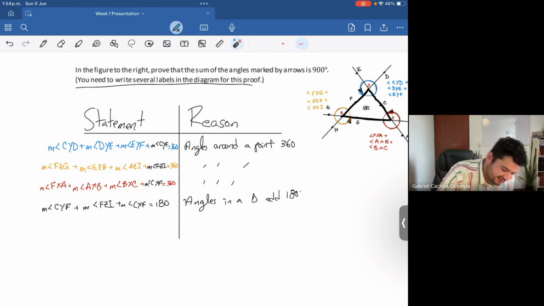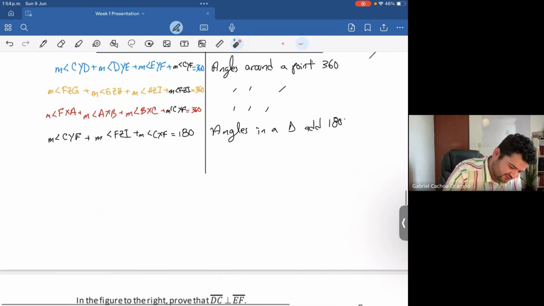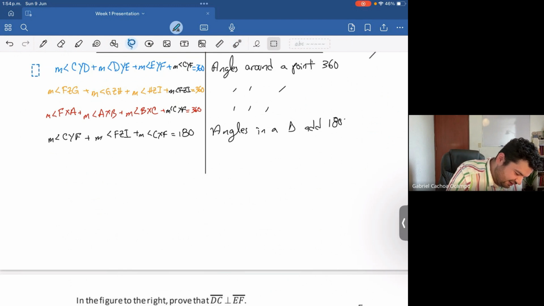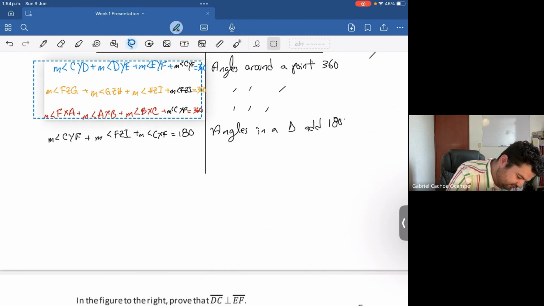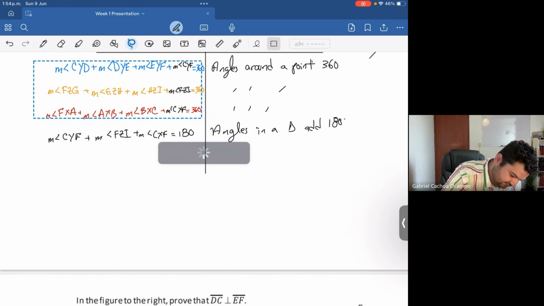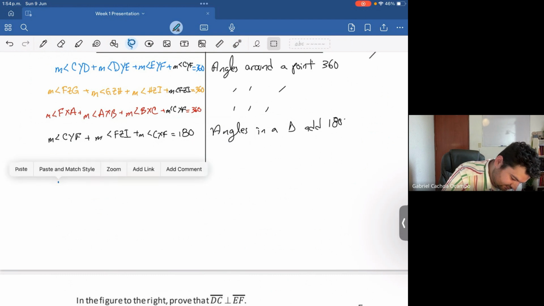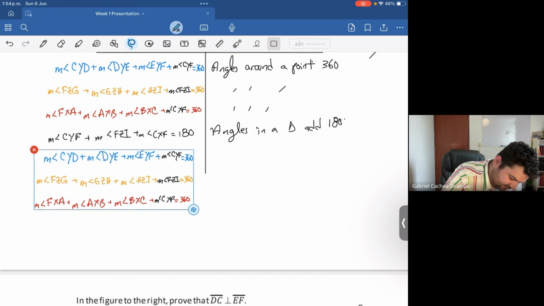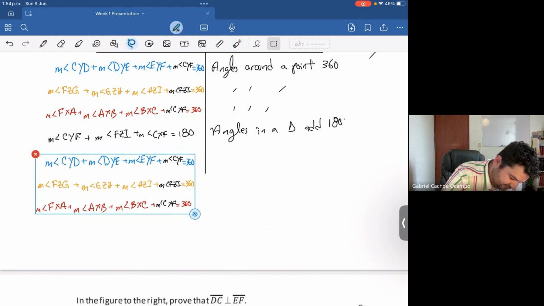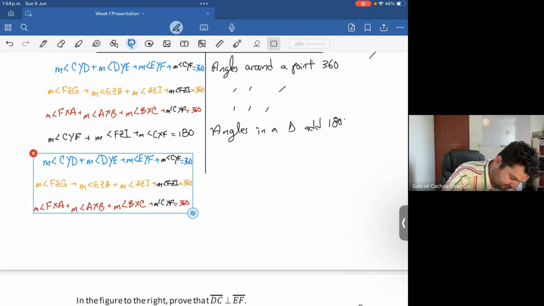So I'm going to write it, and it's going to be awful. Sorry. But I'm going to write it in a very cool way because technology allows me to. So look what I'm going to do.